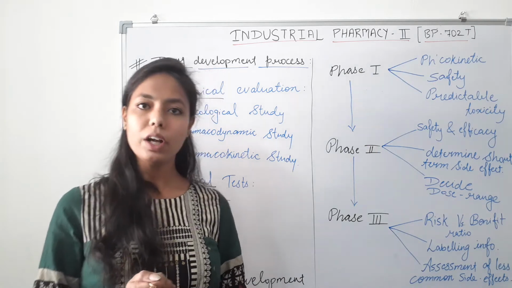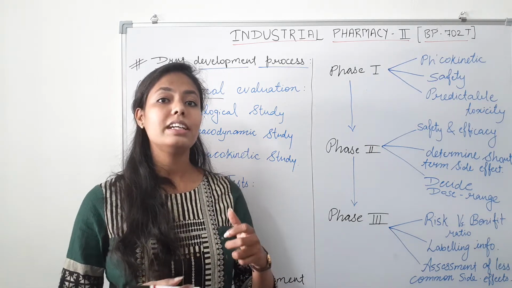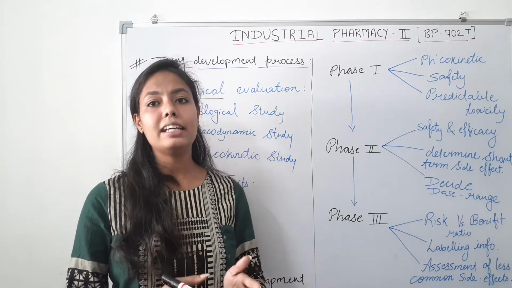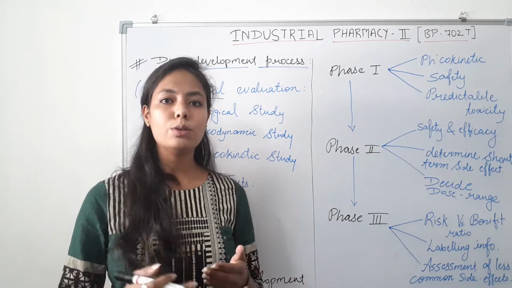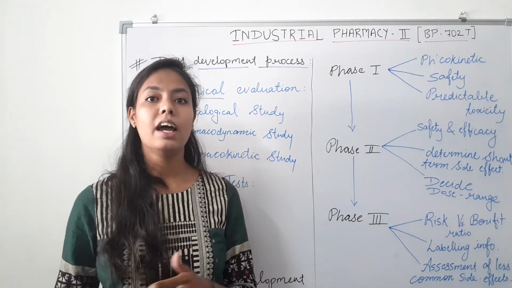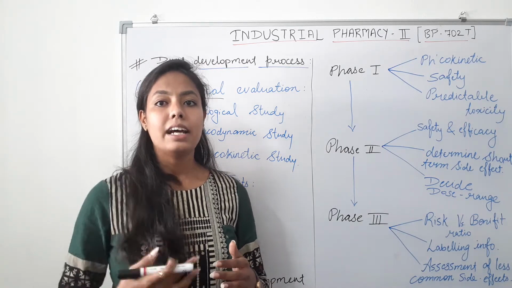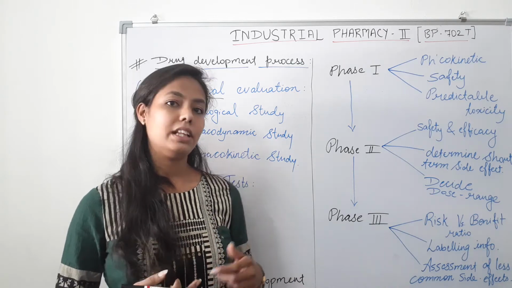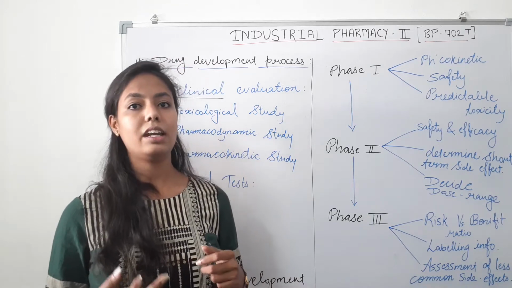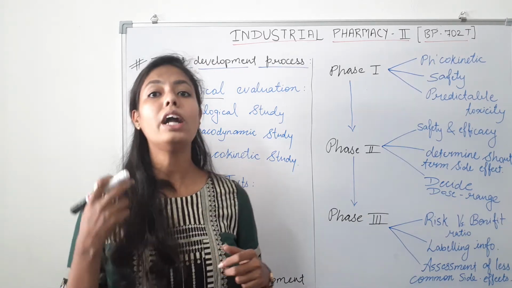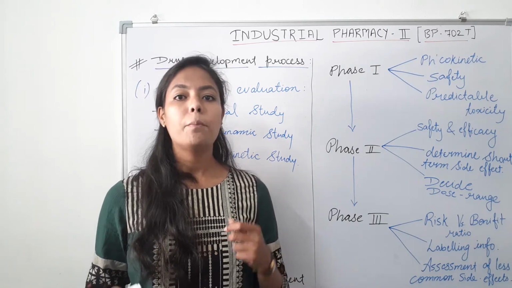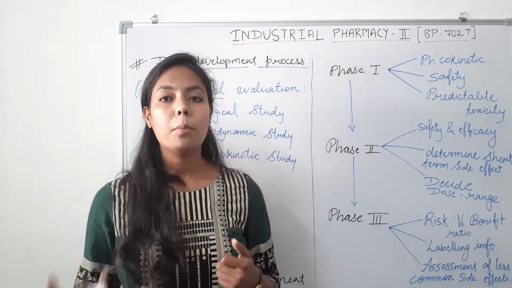If we talk about chronic toxicity, it is performed to identify the toxicity upon long-term use, that is more than 6 months, usually tested in rodents as well as non-rodent species. Chronic toxicity study is performed simultaneously with the clinical trials. If we talk about reproductive toxicity, it is to record effects on the reproductive system, like reproduction, pregnancy or any other birth defects.